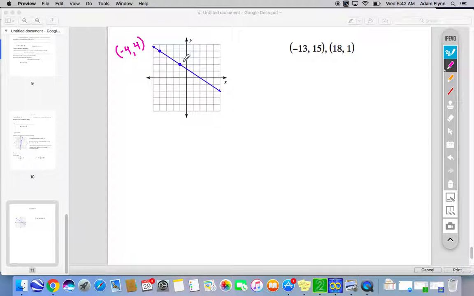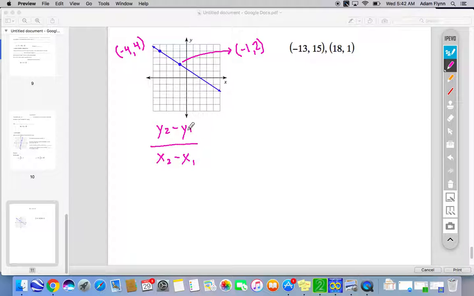And this point right here, which is at negative 1, positive 2. Okay, so for a graph, our formula tells us that we take our y coordinates, and it doesn't matter if this y coordinate's first or this one, and we subtract or divide by the difference of our x coordinates.